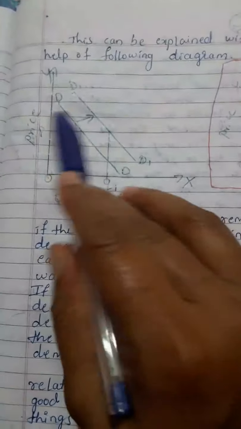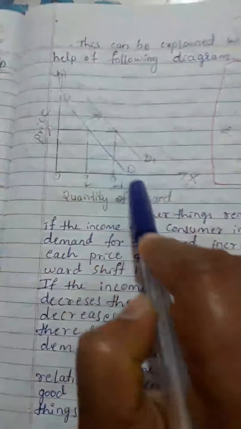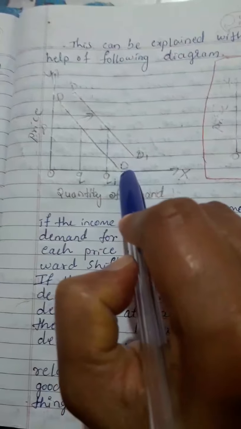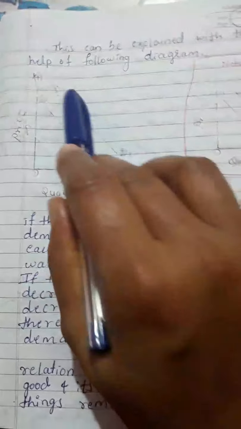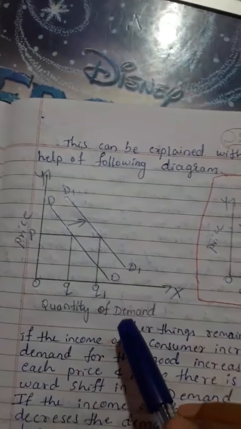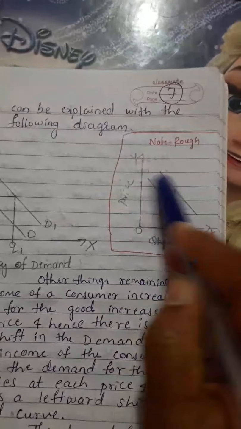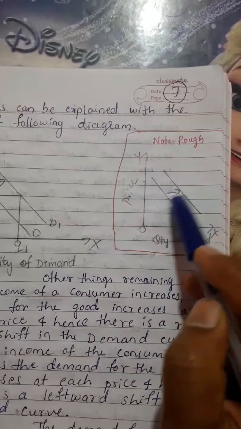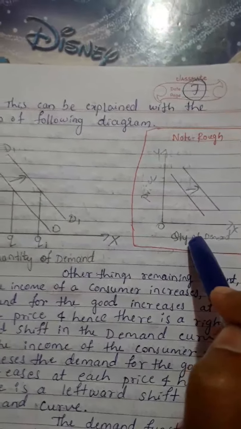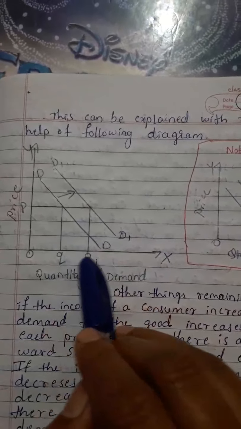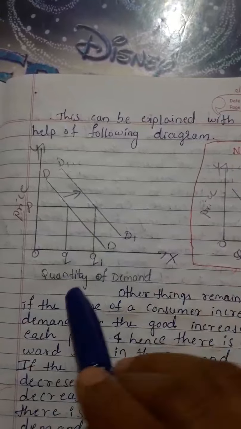Suppose this is the original DD curve, and it shifts to the D dash curve, the changed curve here. Just I am giving an example, it is from the textbook. Just they have given the two curves here, DD curve and D dash curve. I am explaining with the help of some notes here.